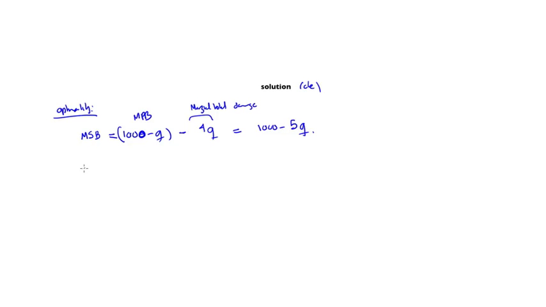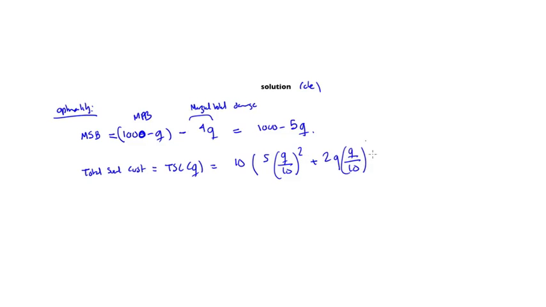Now, what about the marginal social cost? We're going to start by looking at the total social cost. If we want to produce Q units, we're going to produce them by allocating them equally across all firms, given the nonlinearity in cost. So the total social cost is going to be 10 firms times the cost per firm, which is 5(Q over 10) squared plus 2Q times Q over 10. And notice that this Q is just equal to the value of the externality.